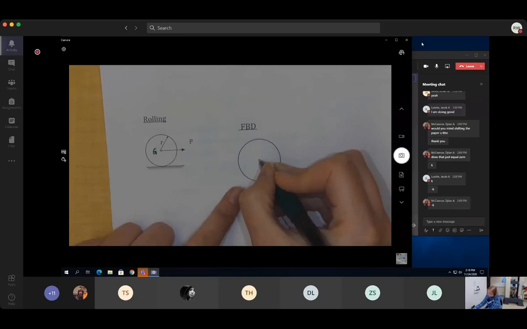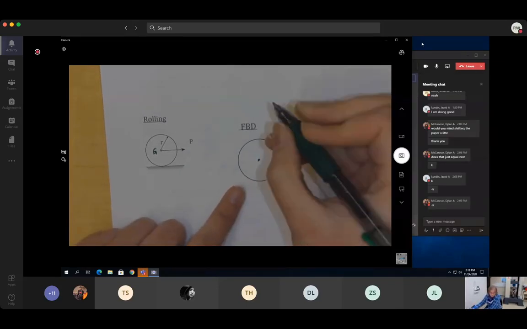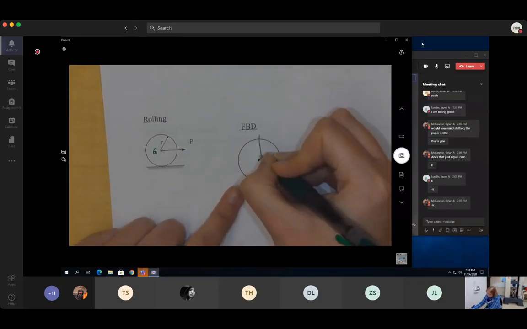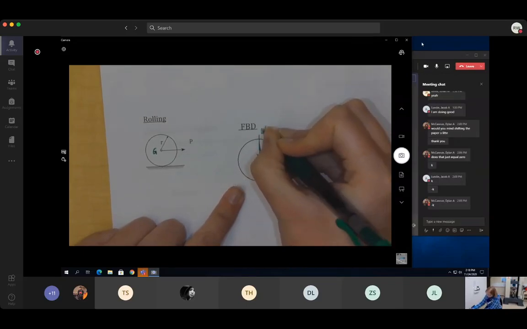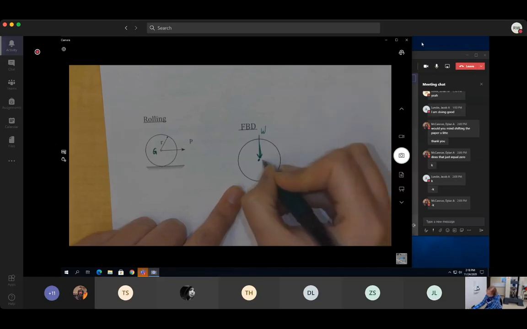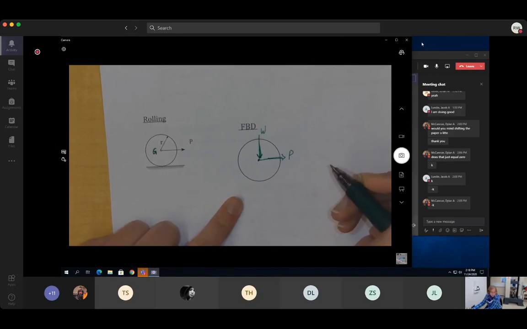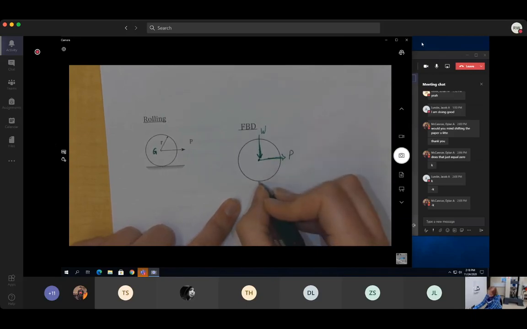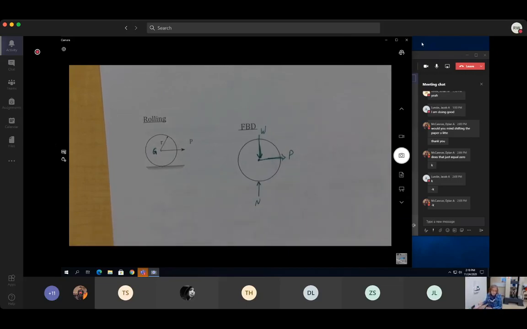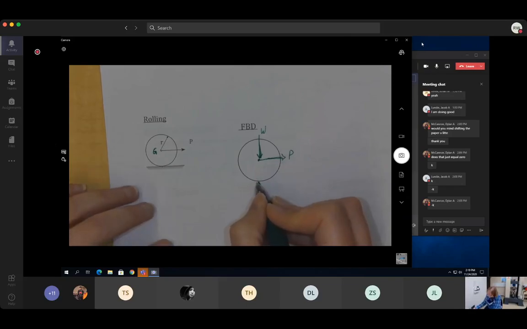And so if we do a free body diagram, we have our weight that acts at the center of gravity. We've got this force P that's pulling us forward. There'll be a normal force at the ground, and then some sort of a friction force. And that friction force will depend on how we're moving.